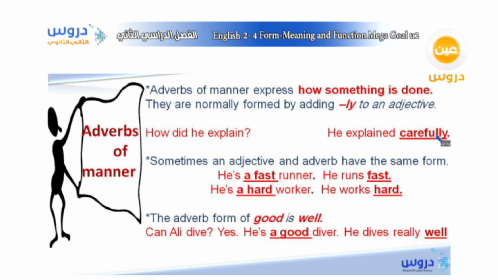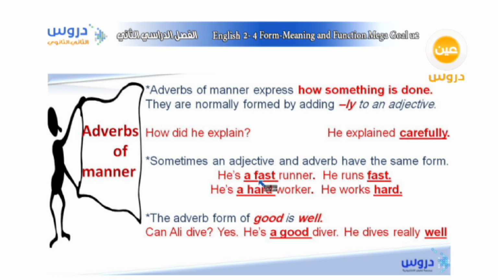Carefully, adverb. So we call them adverbs of manner. Sometimes an adjective and adverb have the same form, as we have discussed in the previous slide. He is a fast runner. He runs fast. The first one is an adjective. The second one is an adverb.